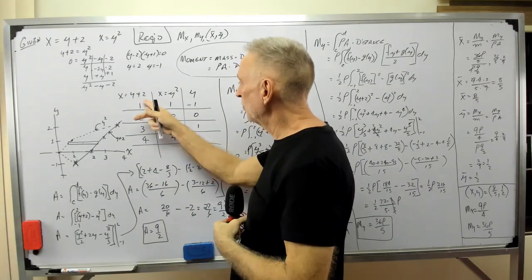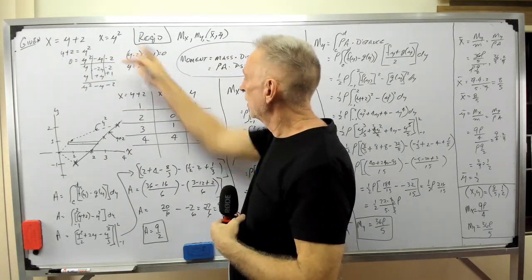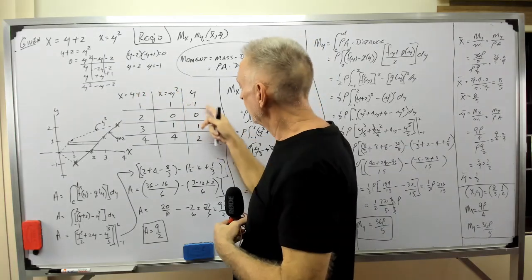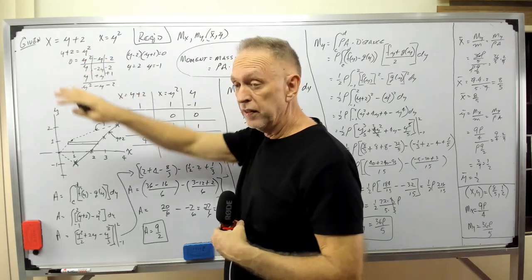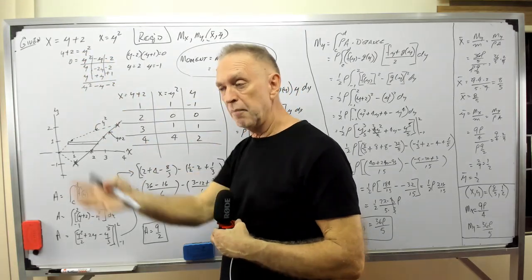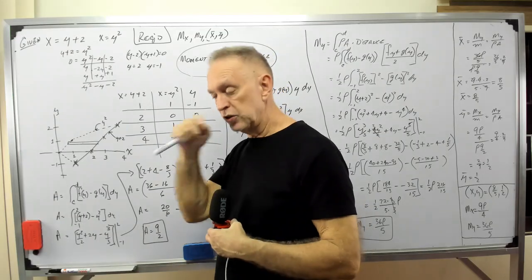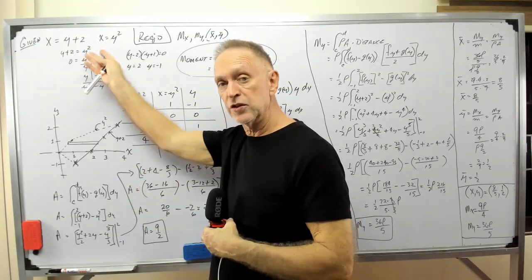I put my x equals y plus 2 here, and then y squared here for y. I started at negative 1 and went all the way up to 2, because we're looking for the area that's bound by these curves. Oh, and I should say it's a uniform density throughout this planar region.